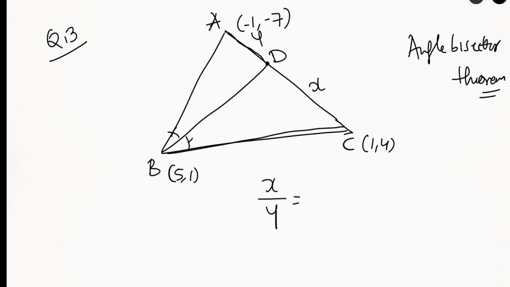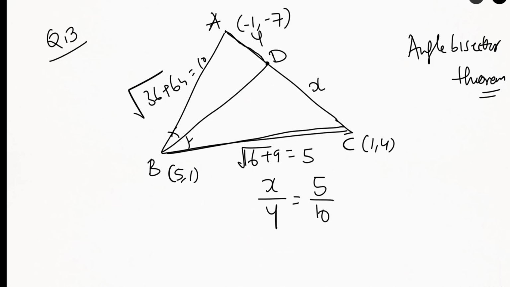So what is BC here? 5 minus 1 is 4, so 16 plus 9, that is 5. And AB is 36 plus 64, that is 10. So this is 5 over 10, that is 1 over 2. So this is 1, this is 2, right? That is the ratio in which it is dividing. So use the section formula to get the point.